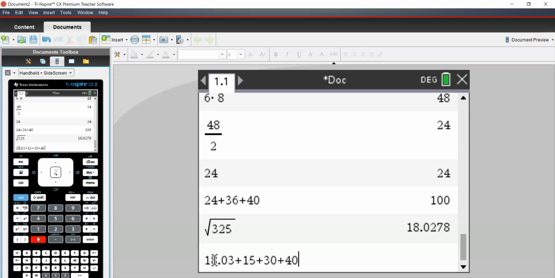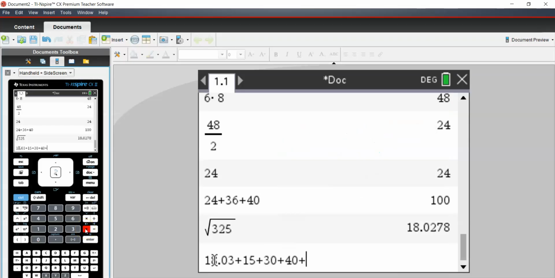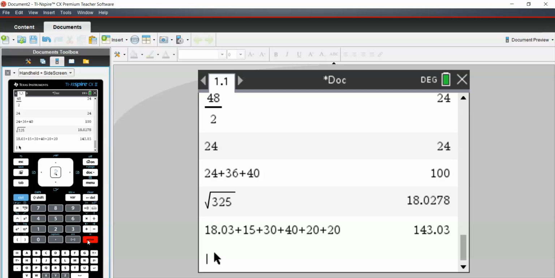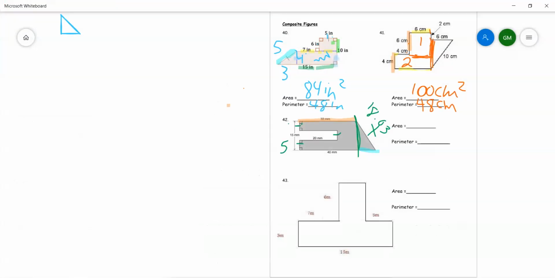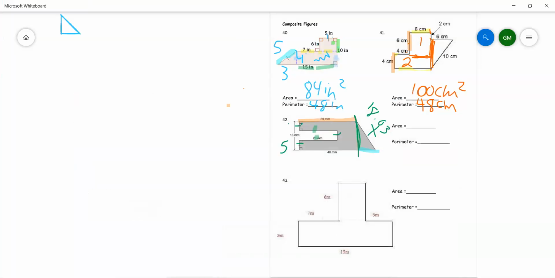And 2 20s. 20 plus 20. That's 143.03. And you might wonder why I said 2 20s. Well, that's because I've got this one right here and this one right there. So it's 143.03. And that's millimeters.